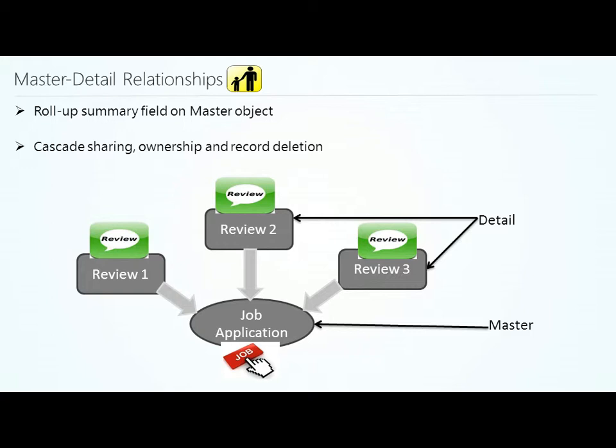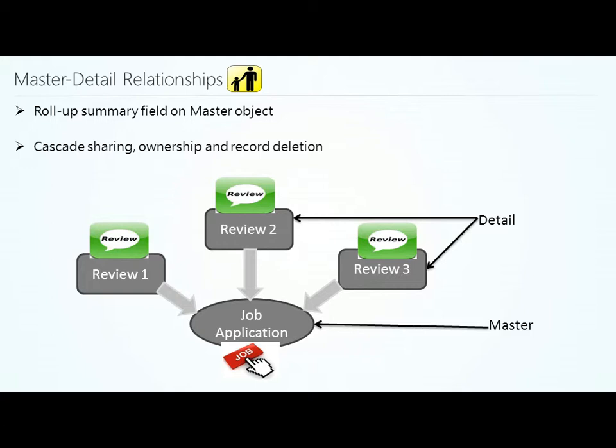By placing a roll-up summary of how many reviews have happened for a particular candidate on the job application, we can analyze the overall performance of that candidate throughout the interviews already covered. So for this purpose we use a roll-up summary. This is one advantage of master-detail relationship.